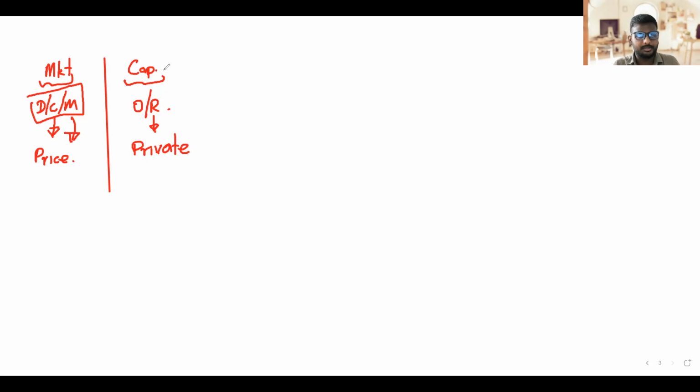Capitalist economic system is a classification of economic system under ownership of resources, where resources are owned by private parties. Commonly, if you see private ownership, you also see price mechanism.